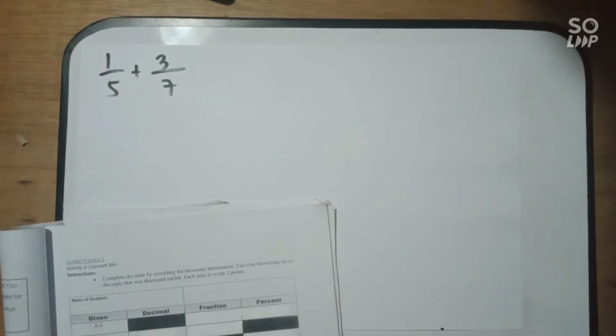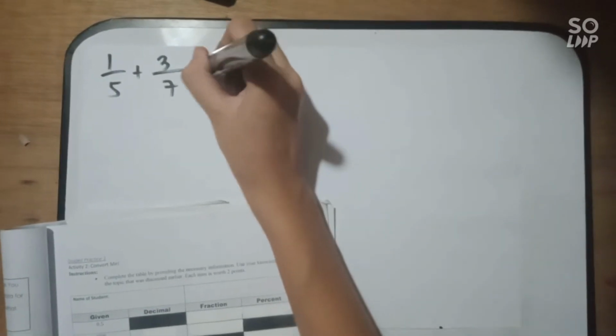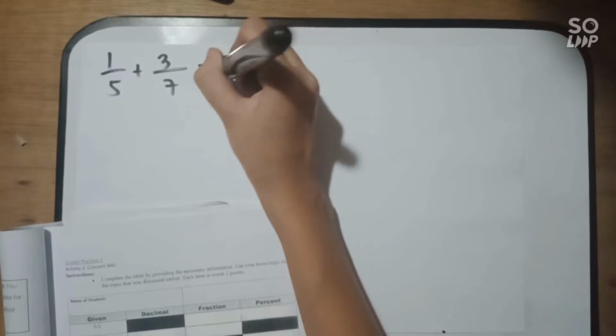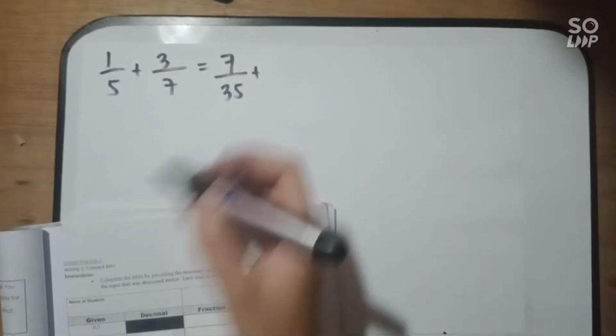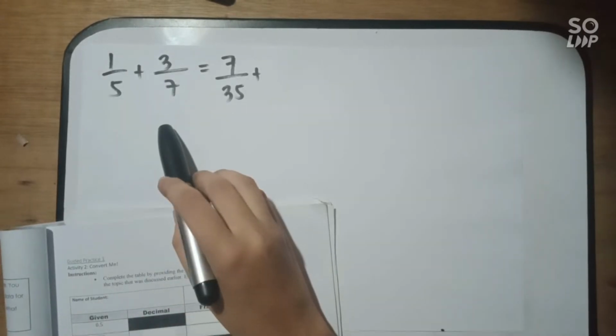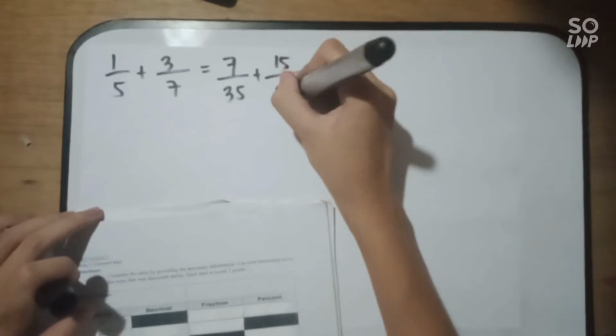So 35 divided by 5 is equals to 7, times 1 is equals to 7 over the denominator or LCD, which is 35, plus 35 divided by 7 is equals to 5 times 3, so 15 over 35.